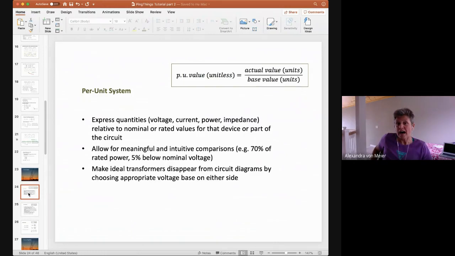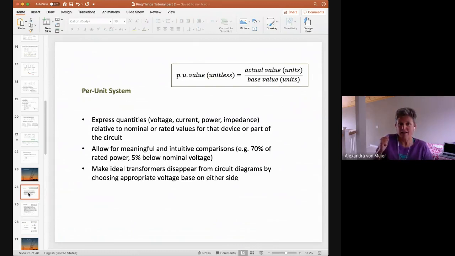So I can say that, well, in per unit, my voltage is 118 divided by 120. So that's 0.98, whatever. So that per unit value gives us a very meaningful metric of percentage-wise, how am I doing here?